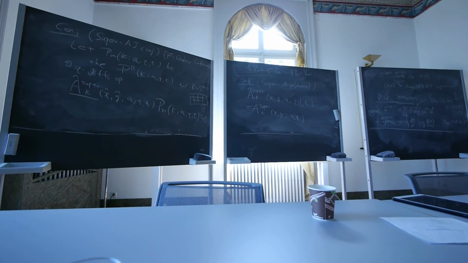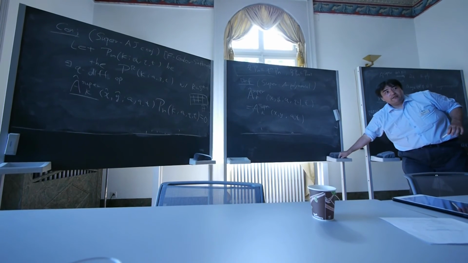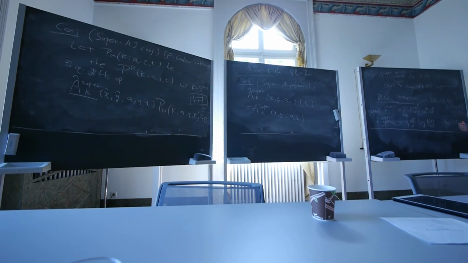And this is a beautiful story, and starting from the super-A-polynomial, we can also define this story. Namely, starting from the super-A-polynomial, we can find a nice refinement of the augmentation polynomial.